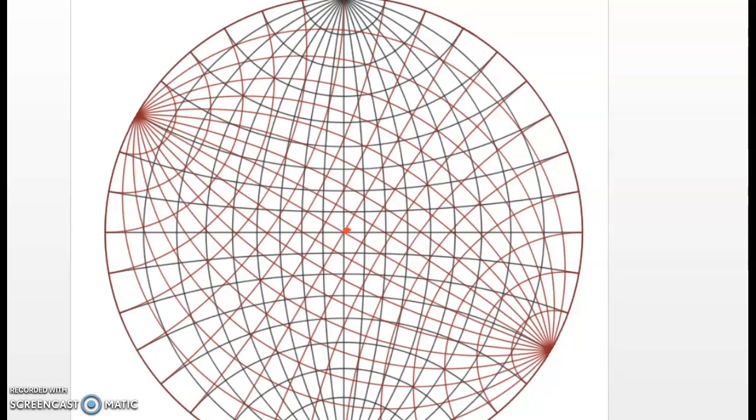So 30 times 4 is 120 minutes. That's 2 hours. However, this is not the right answer because this is only if that star has a declination of 0. That means it's on the celestial equator.